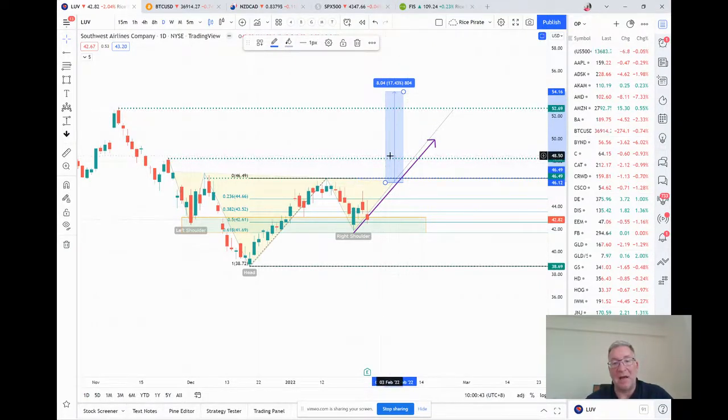If you get past that, it's very likely it would head back up to this pivot high. And that's actually a pretty good move because you're talking about roughly $46 all the way up to $53. That's a really good move. In an options world, you can actually make a lot of money. Is this ready yet? Absolutely not. This is very, very close to horizontal. So yes, that's an inverse head and shoulders.